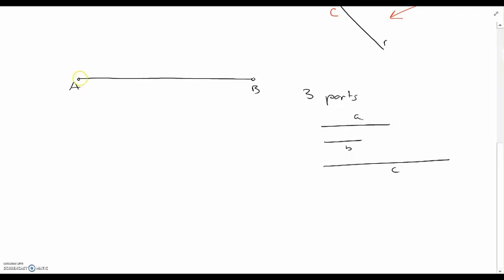So using one edge of segment AB, I draw an auxiliary line, and on it I'm going to copy A, B, and C. The order is not important.